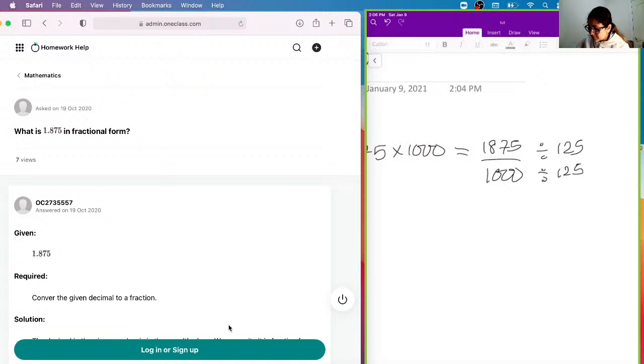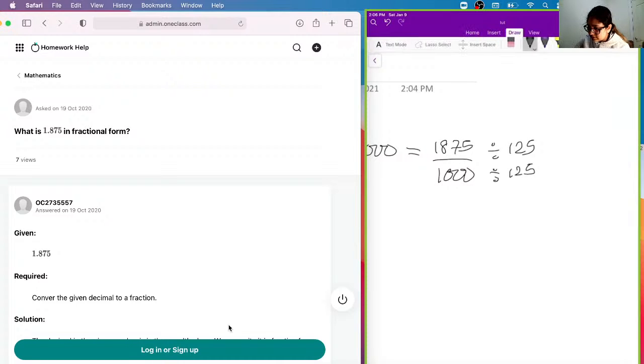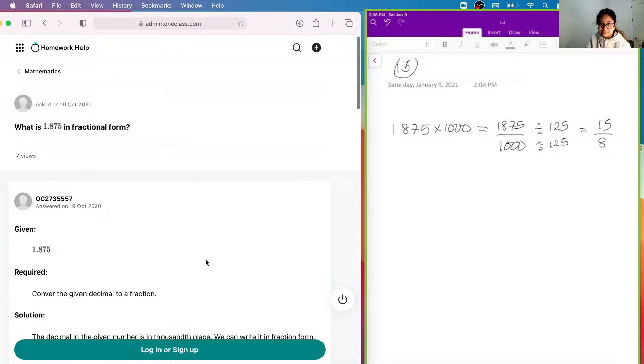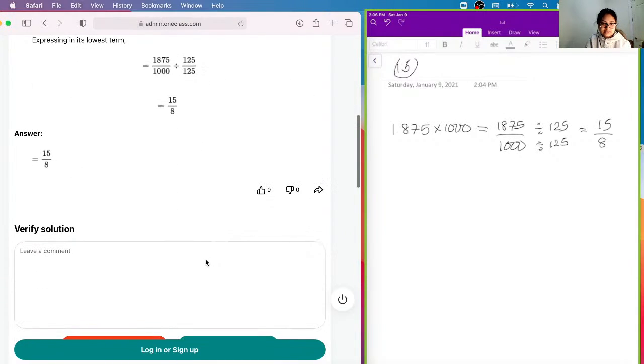You do that to the top and the bottom, and you would get 15 over 8. And we can't further simplify this because there's no number that divides both 8 and 15. So the answer is 15 over 8, okay? So this is correct.